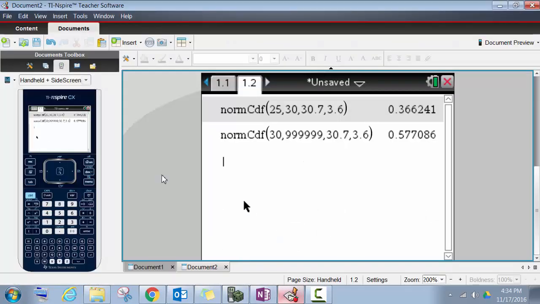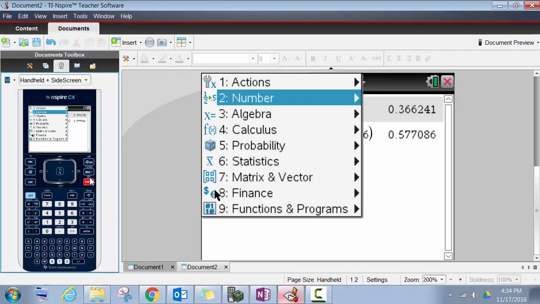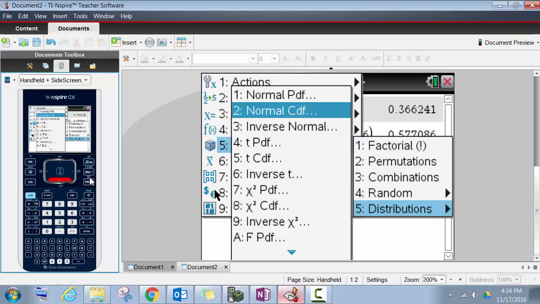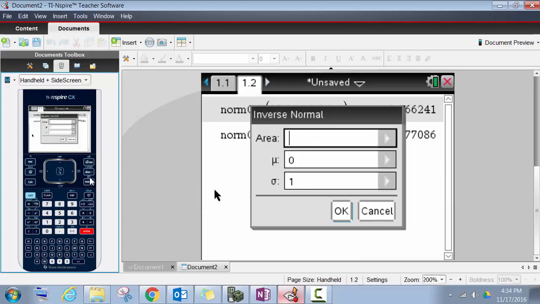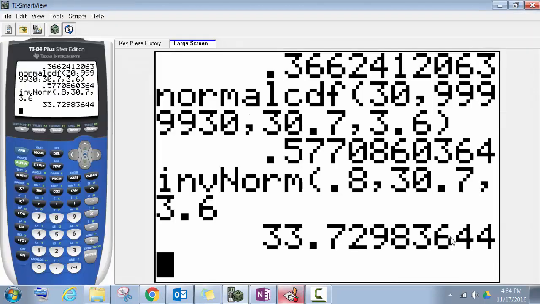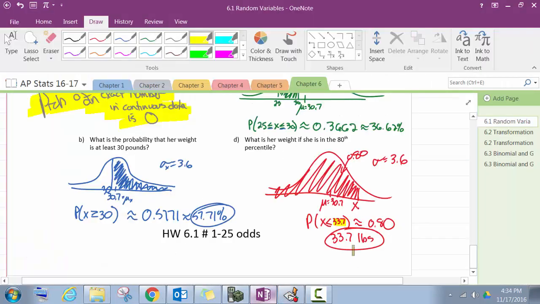If we're using the Inspire, same thing: probability, distributions, inverse normal, area is 0.8 or 0.80, mean is 30.7. It kind of asks you for it instead. And there we go. 33.7 pounds is what her weight is. And that's what we're looking at in discrete and continuous random variables.